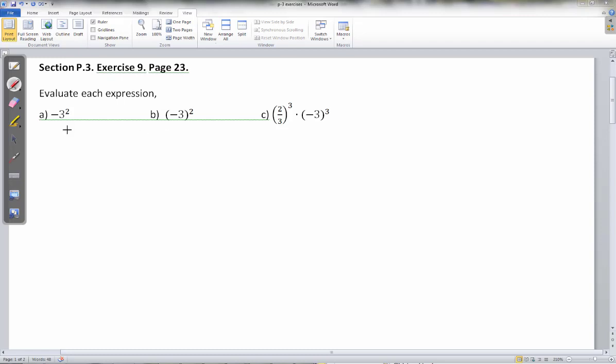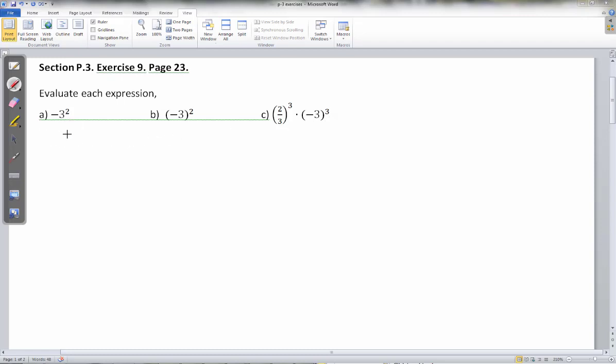The key reason I want to do this exercise is to highlight the difference between A and B. This only really matters if it is an even exponent we're dealing with. If we're dealing with an odd exponent, and this will highlight that here, it doesn't really matter.